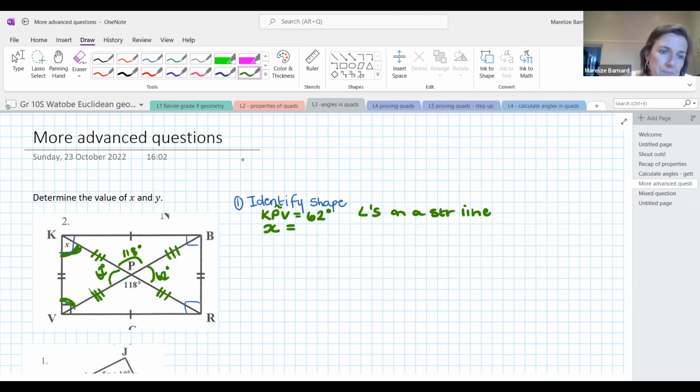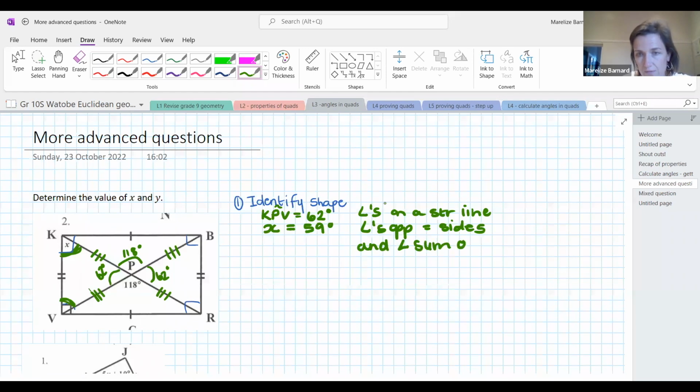And then X is equal to 180 minus 62 divided by 2, that gives me 59. X is equal to 59, and that's angles opposite equal sides, and you are using angle sum of a triangle.